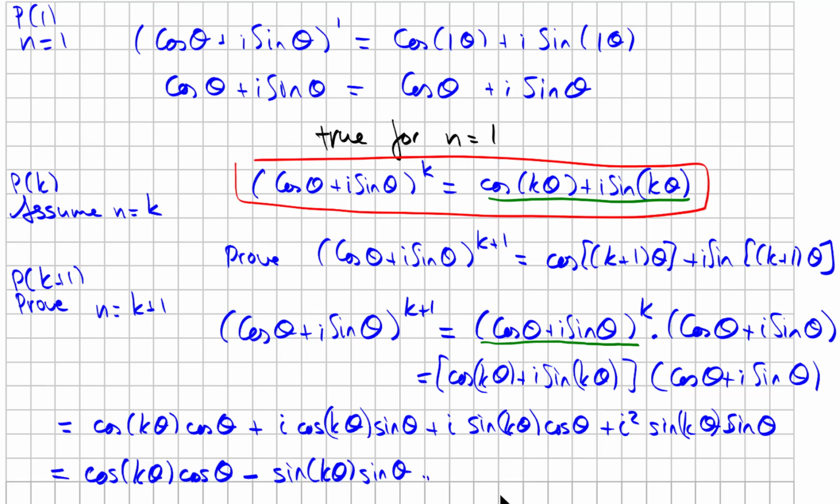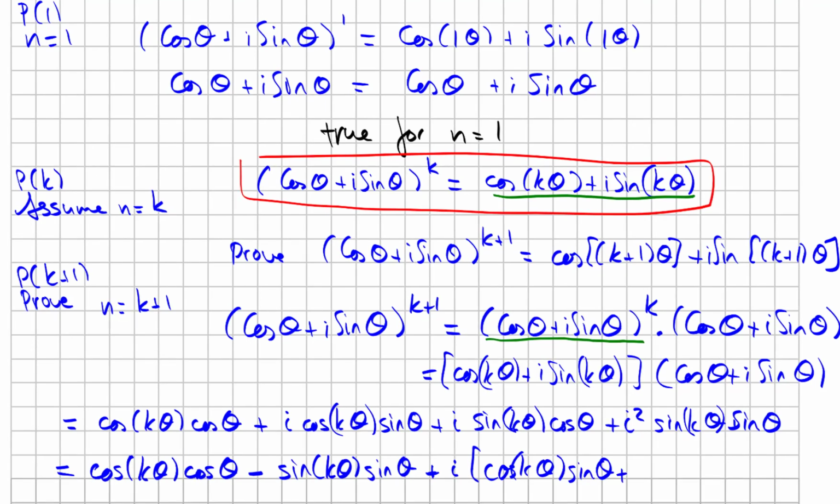Then grouping the imaginaries, plus i times cos k theta sin theta plus sin k theta cos theta.